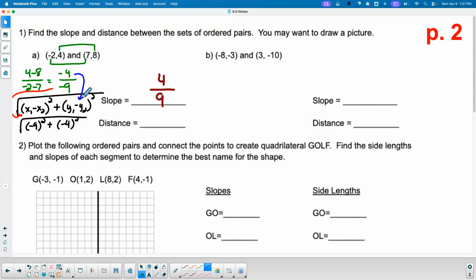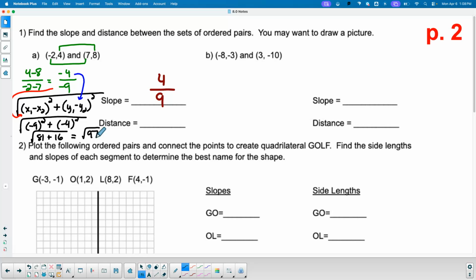You sure about that one? Positive. Negative times negative is a positive, so that would be 81. Negative 4 squared, 16. 81 plus 16, 97. Okay. Now, are there any factors that go into 97?